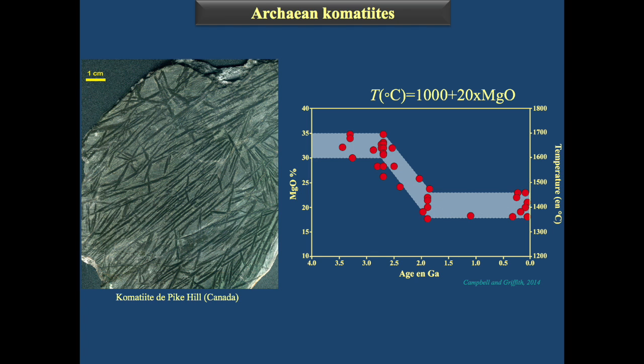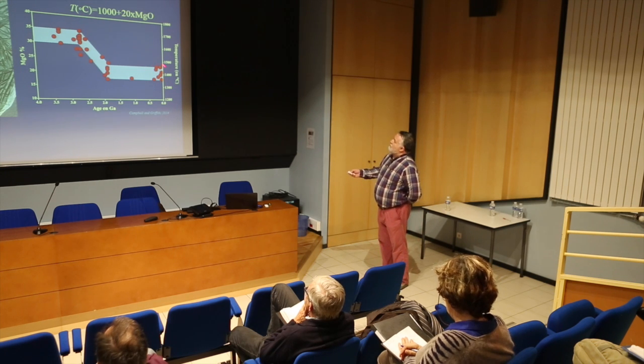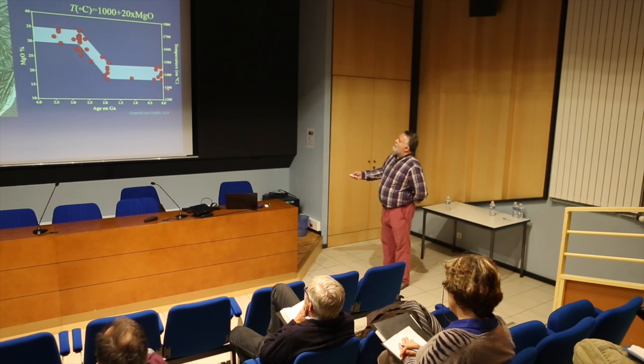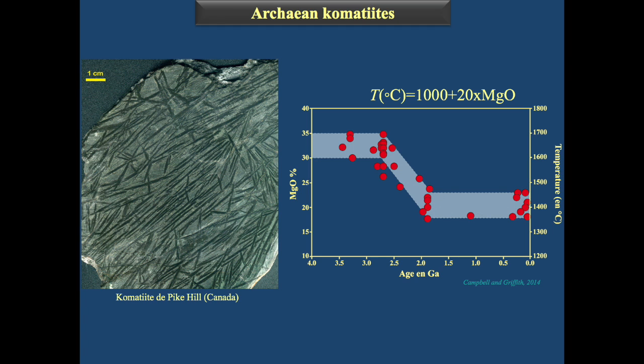And they obtain this: whereas today, in hotspots, the temperature of emplacement of the lava is between 1350 and 1450 degrees, in the Archaean the temperature is between 1600 and 1700, and the change is more or less at the end of the Archaean.